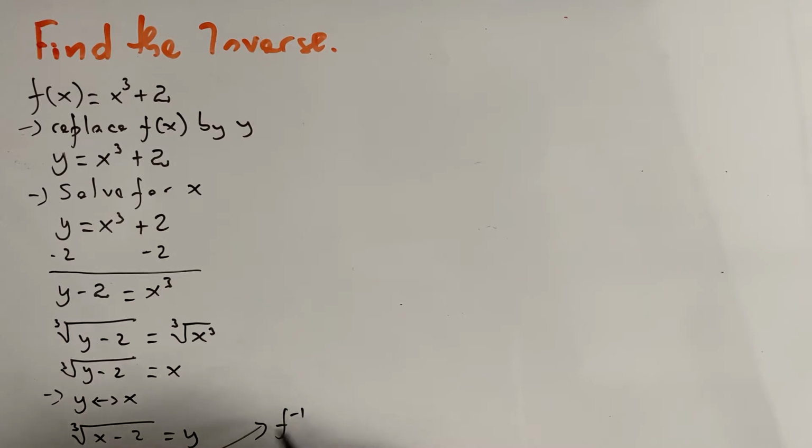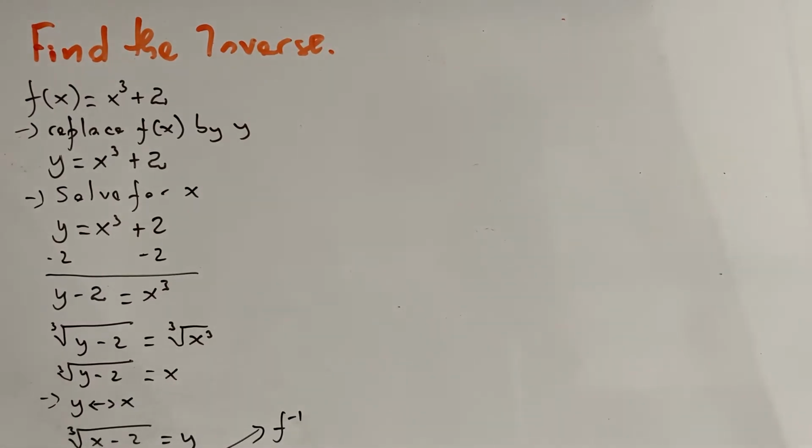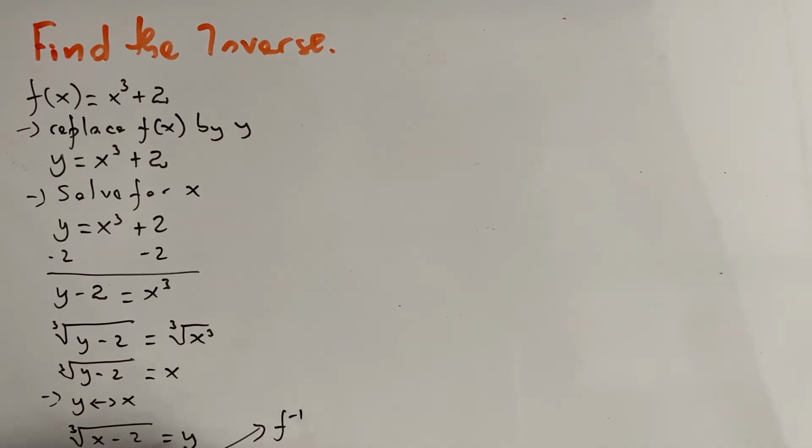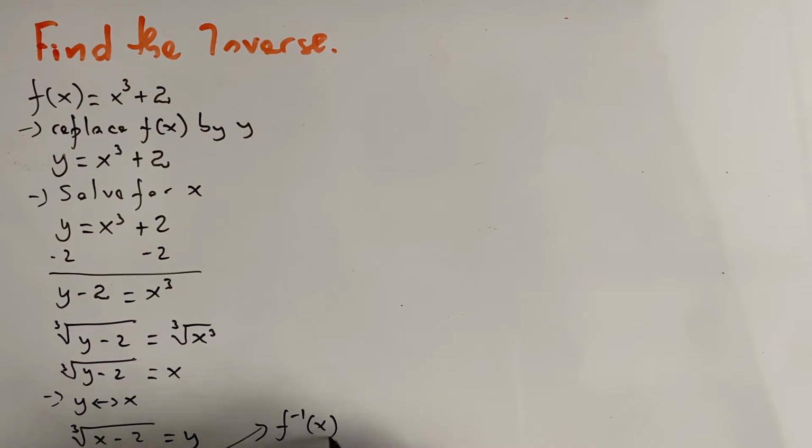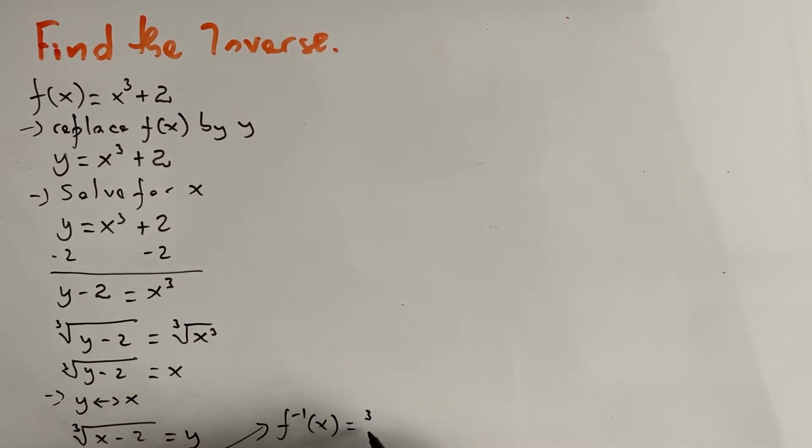So you replace the y by its inverse. This is pretty much the inverse because you just solved for y. So the inverse of this function is the cube root of x minus 2.